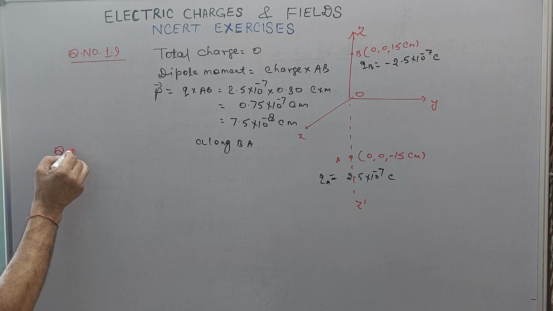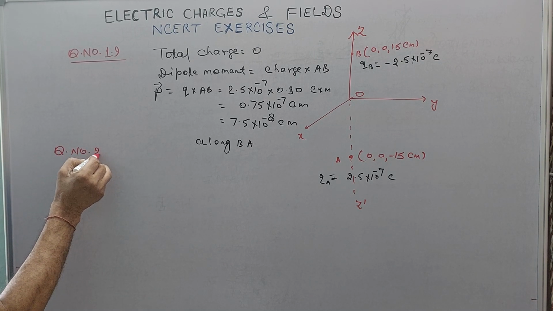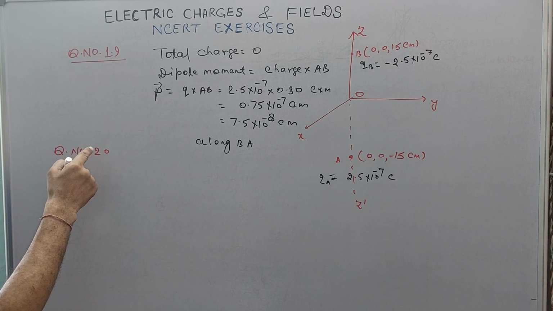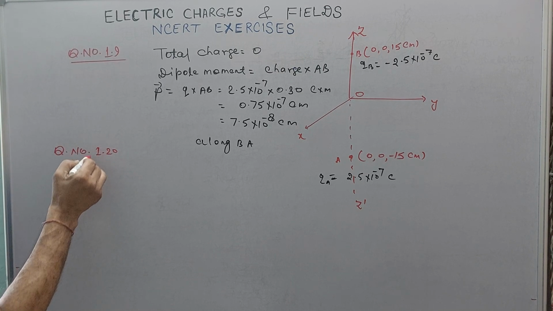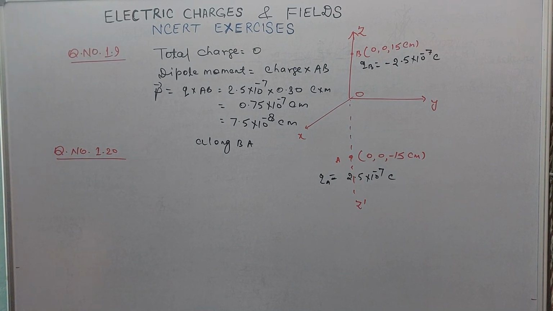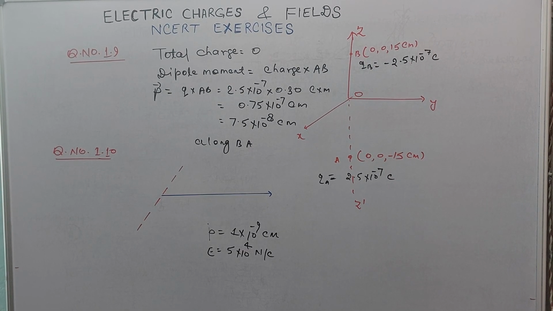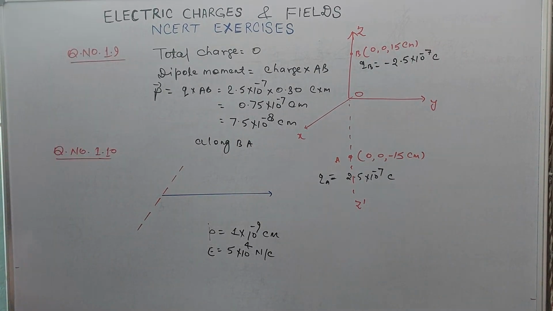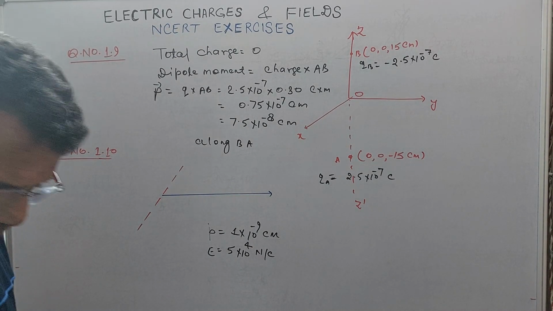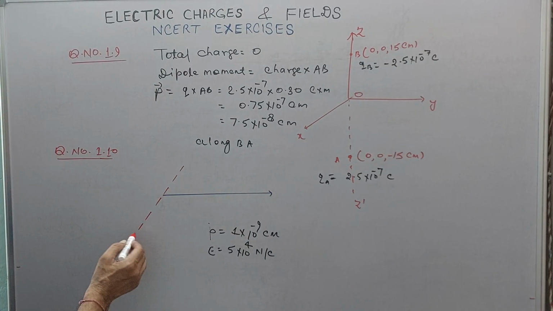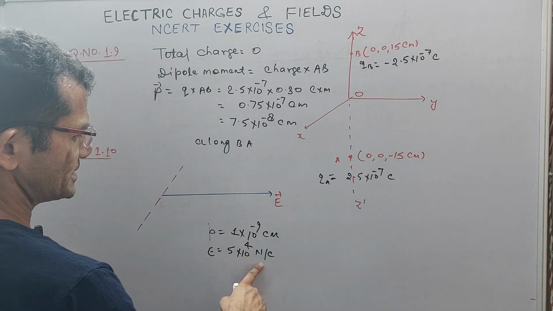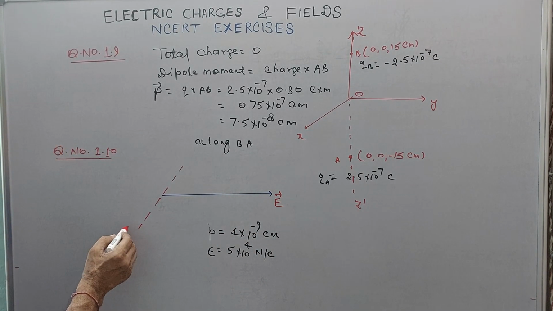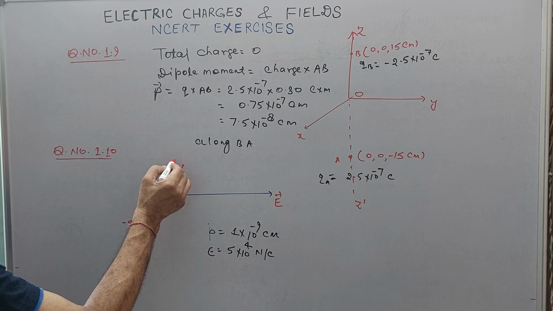Next question, question number 1.20. This is the 20th question of chapter 1. Here there is our electric field of some strength, and there is a dipole with minus q and plus q.